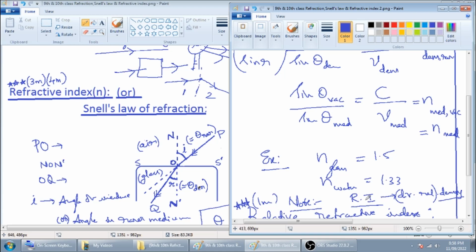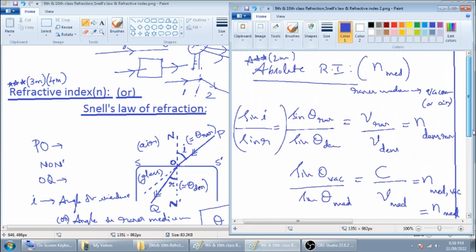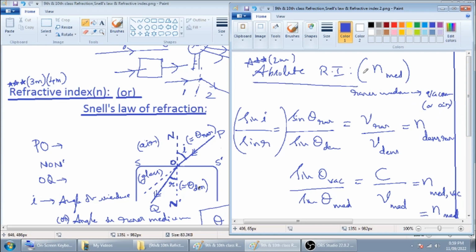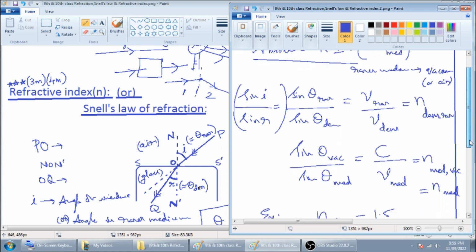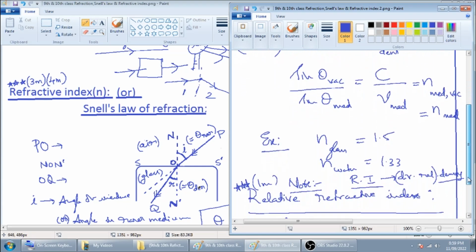Inversely means that one increases and the other decreases. But here it is directly related to density. That is another very, very important thing that can be observed from the definition of absolute refractive index. The definition is very simple, but this small definition has so many applications. Many things can be understood from it.